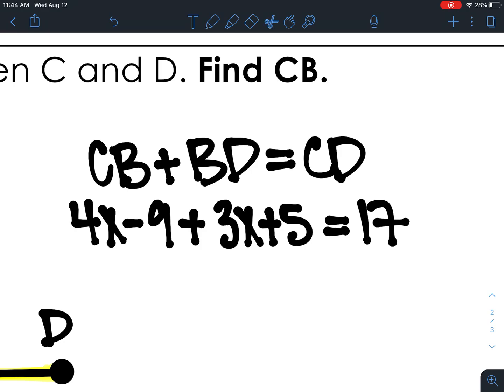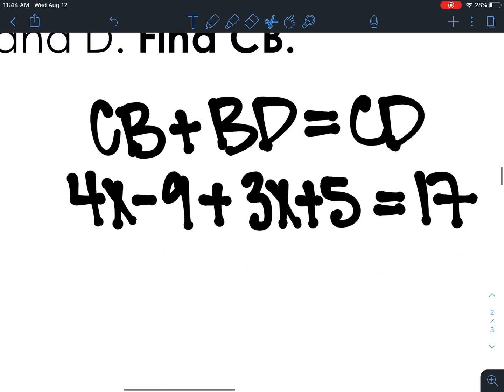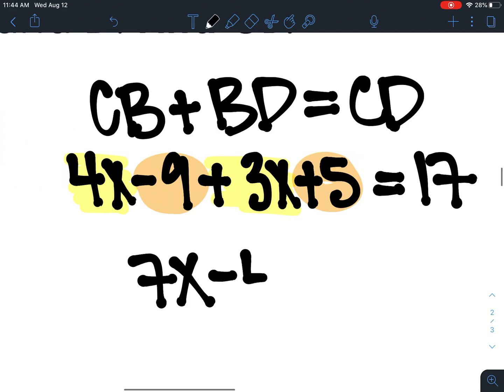And now we're just going to solve this equation, all right? So we're going back to algebra for a second. So let's combine like terms. I have 4x and I have 3x, and that's going to give me 7x. I have a negative 9 plus 5, which is going to give me minus 4, is equal to 17.